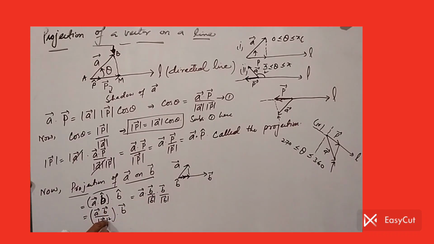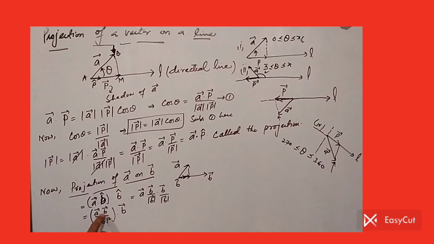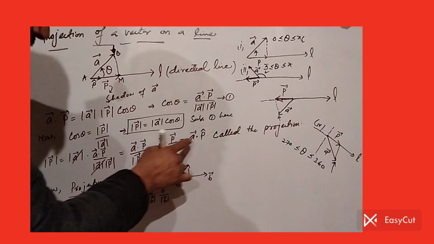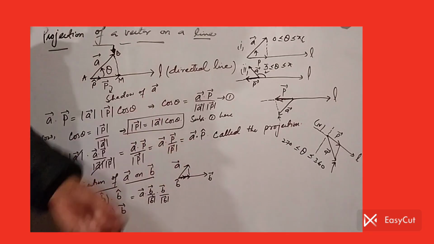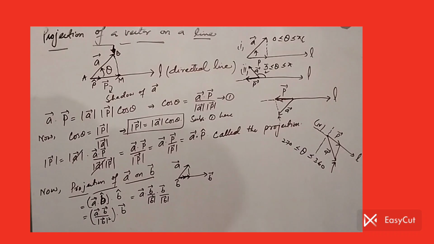This is a scalar as a whole, and this is a vector. So as a whole, the projection of a vector on another vector is again a vector, and this is called the projection of a vector on another vector. The scalar projection is always going to be a scalar. In our exercise questions we will make use of this formula or this formula. Hope you got it.